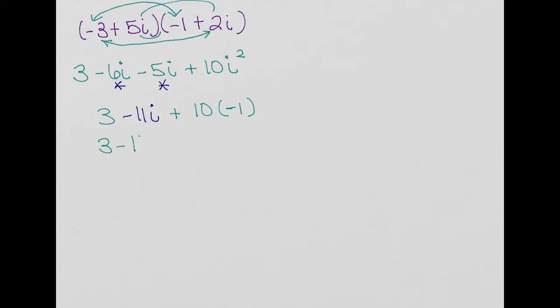So 3 minus 11i. 10 times negative 1 is going to be a negative 10. And then I still have this 3 minus 10. Those are like terms. So 3 minus 10 is negative 7. Negative 7 minus 11i.